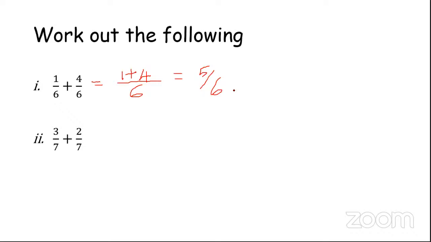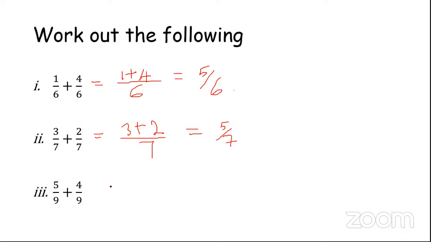And what is 3 over 7 plus 2 over 7? That's 5 over 7. So how do you arrive at it? You add the numerators, and the denominator does not change because it's the same. Okay. So it is 7, then we get 3 plus 2, and this gives us 5 over 7. Okay.